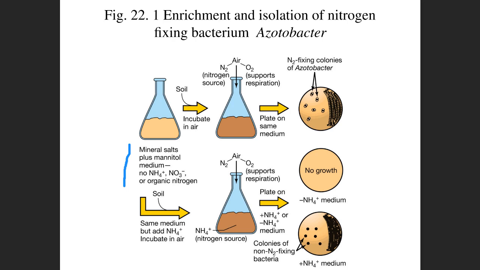And if you don't have amino acids, well, you can't make proteins. You can't do translation, no enzymes, and you can't grow, right? So in this condition, the only bacteria that can grow are the bacteria that can overcome the nitrogen problem, right?